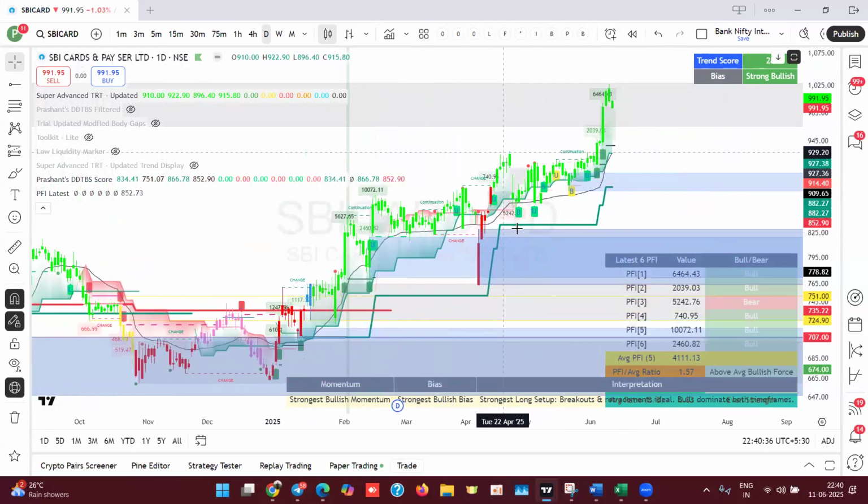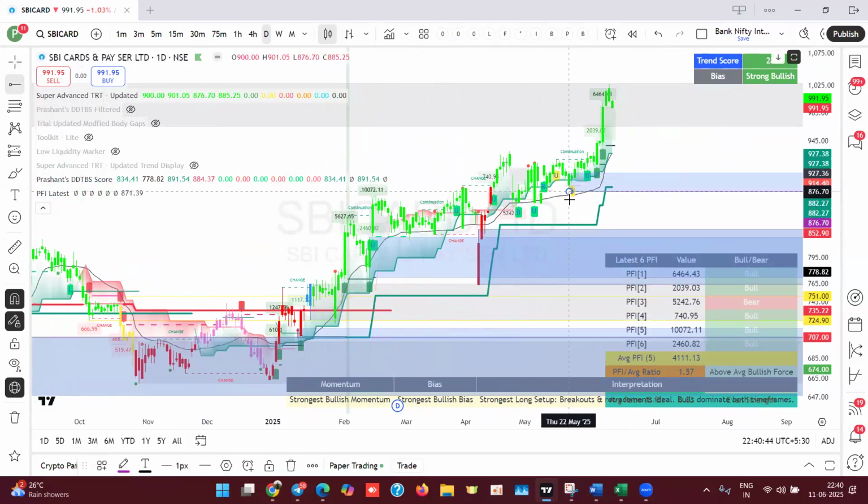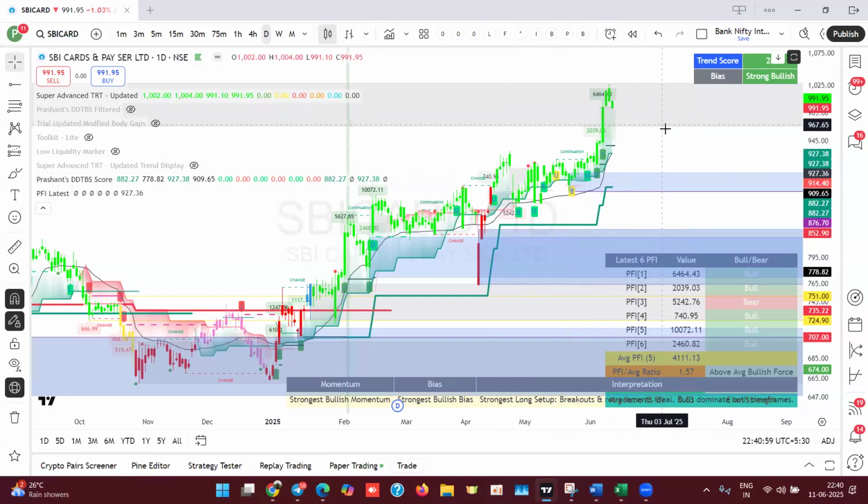If you want to keep a trailing stop loss, that will be a candle close below this area, which will confirm your stop is hit on this as well as below this green line.